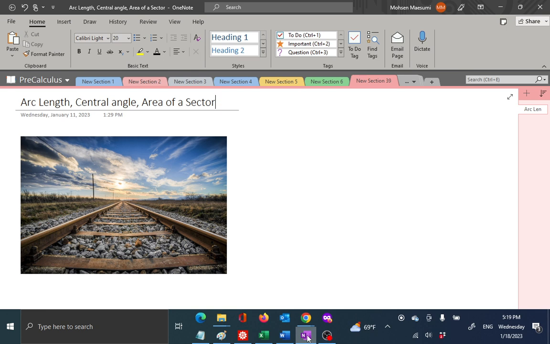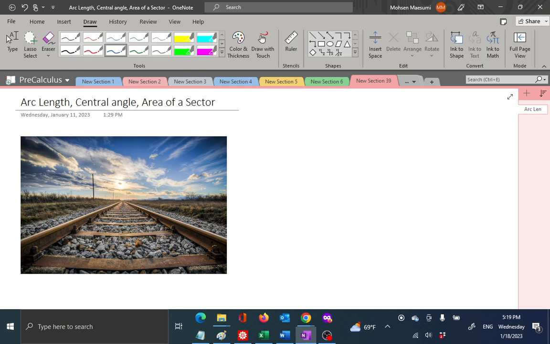So let's go back to a topic we talked about before, which is the following. If you have a circle, an angle that is formed at the center of the circle is called the central angle, alpha.